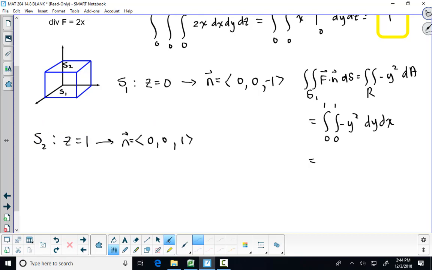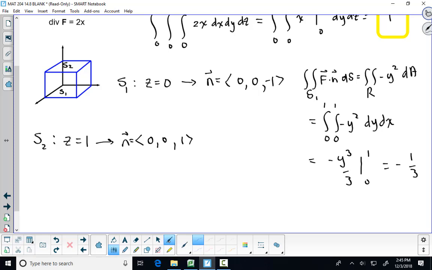So there's no x's nor will there be any x's, so we can multiply by 1. We're going to get minus y cubed over 3, 0 to 1. So we end up with minus 1/3. So that means that through the bottom of this cube, stuff is going in. So there's volume entering the solid from below.